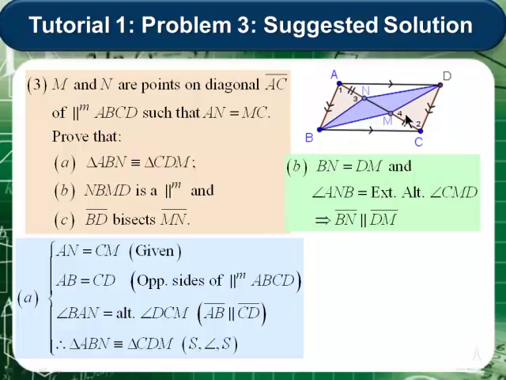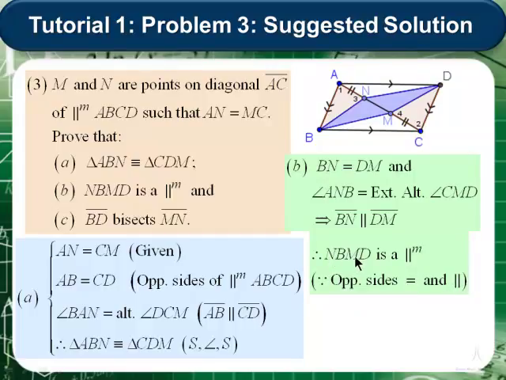And because exterior alternate angles are equal, we can conclude that BN must be parallel to DM. So what have we shown then? We've shown that two opposite sides are not only equal but also parallel. Therefore, NBMD is a parallelogram.